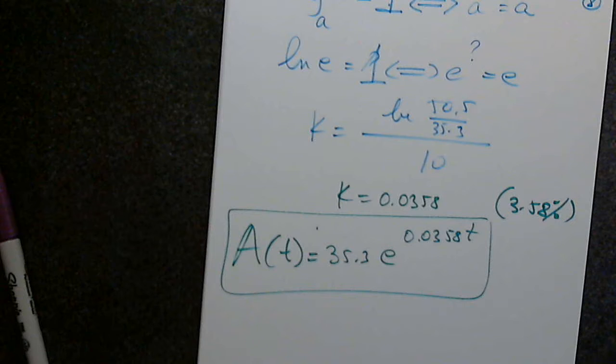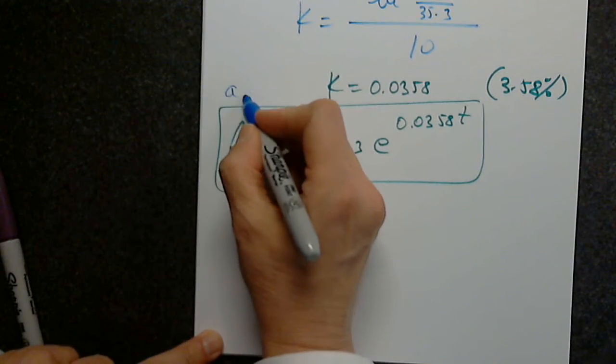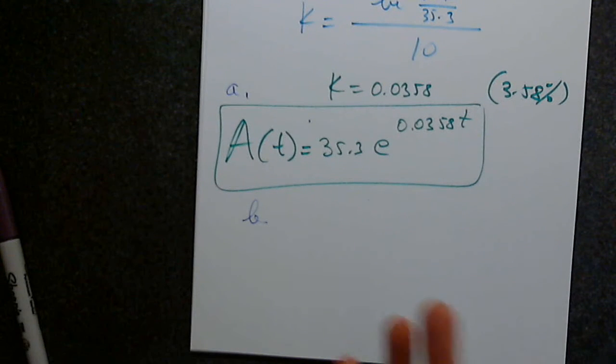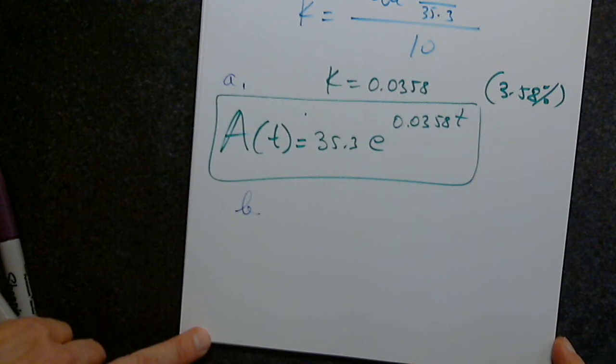Part B. Use the resulting model to project the Hispanic resident population in 2015. What am I trying to do now? If the model still held in 2015, then it will work and it will give us the population in 2015. So what do I have to do?